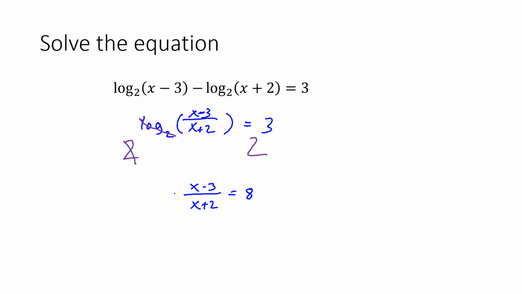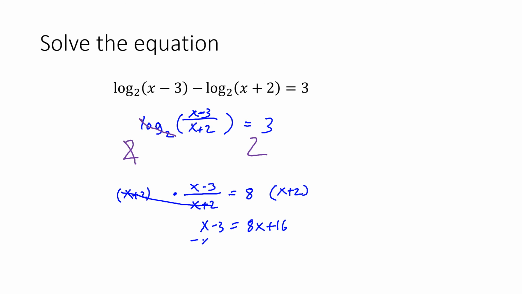Of course, we can get rid of the denominator by multiplying both sides of our equation by x plus 2. These would eliminate. Now we have x minus 3 is equal to 8x plus 16. Basically, do our algebra.